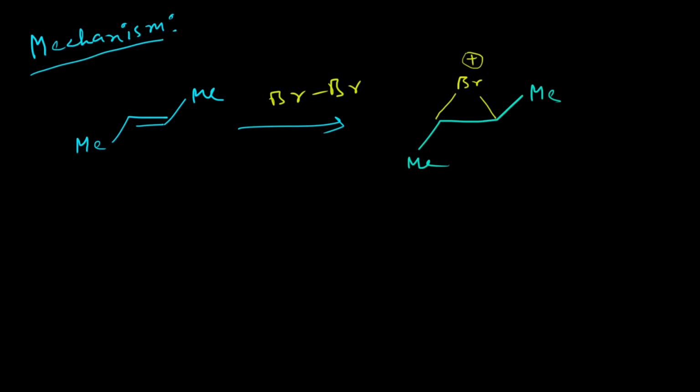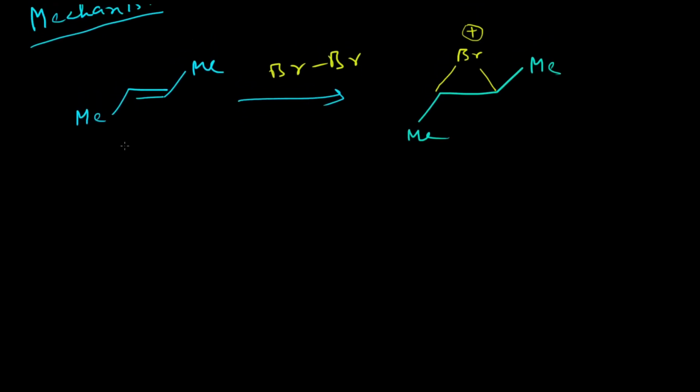To explain the formation of this bromonium intermediate, one can suggest a curved arrow notation for this particular step. If the double bond attacks nucleophilically this bromine center, Br minus will eventually leave the system.